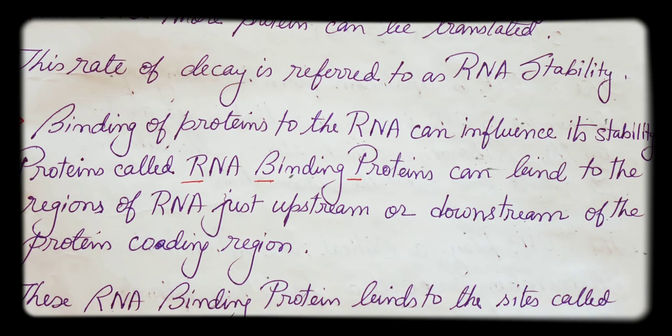There are some proteins known as RNA binding proteins. These RNA binding proteins bind to regions of the RNA in the upstream or downstream of the protein coding region. Binding of proteins to the RNA can alter its stability.